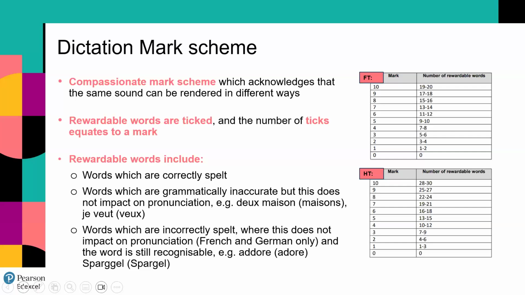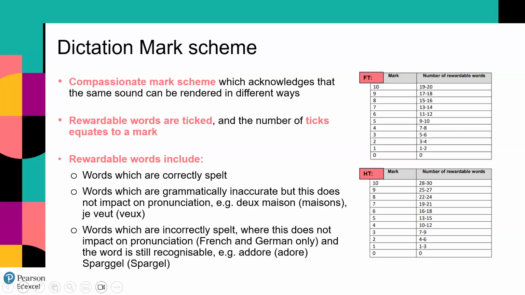But then you need to look: does it look the same? If it doesn't look the same, then you need to think, well, can it be recognized? So for example here, maison, if there isn't an S, I say maison, yes, sound. Does it look the same? Well, just about the S, but I can still recognize it.